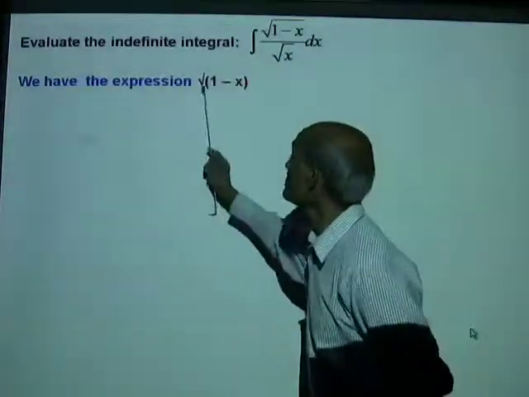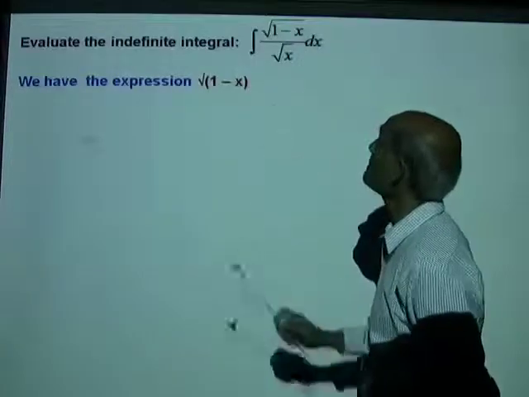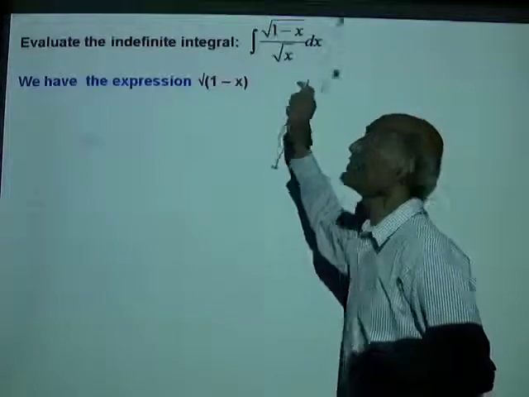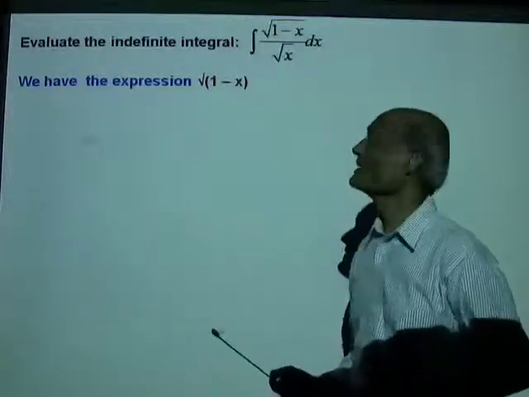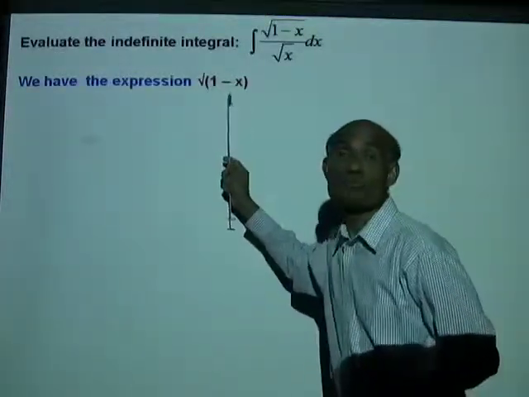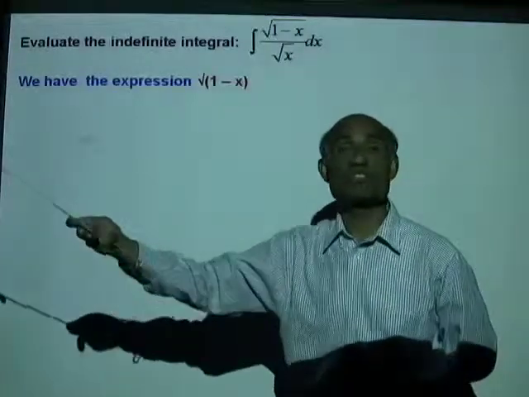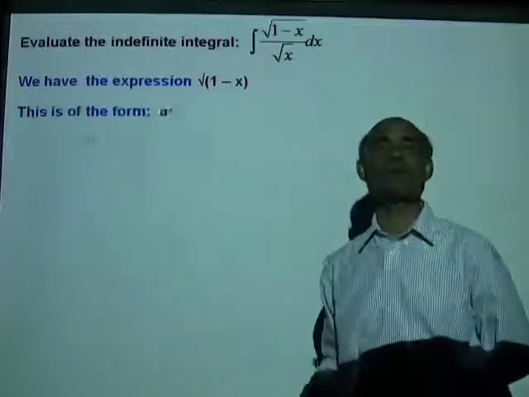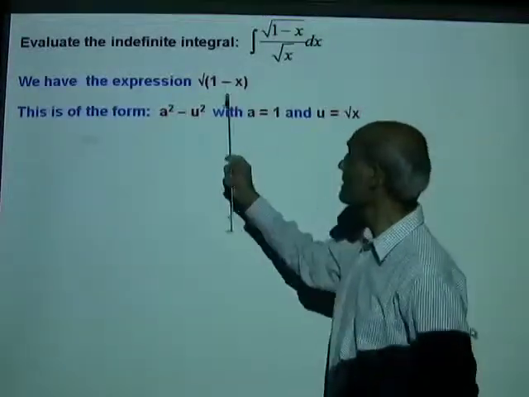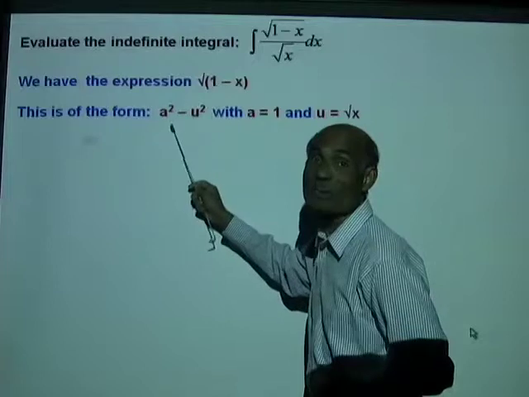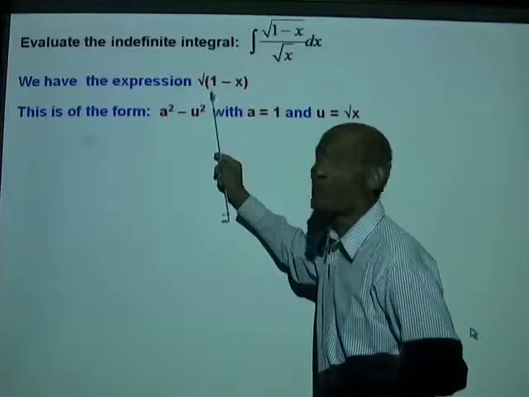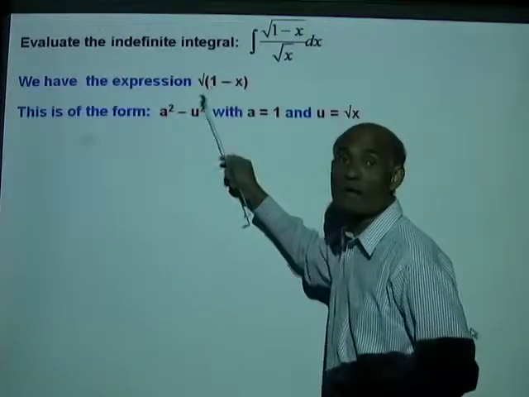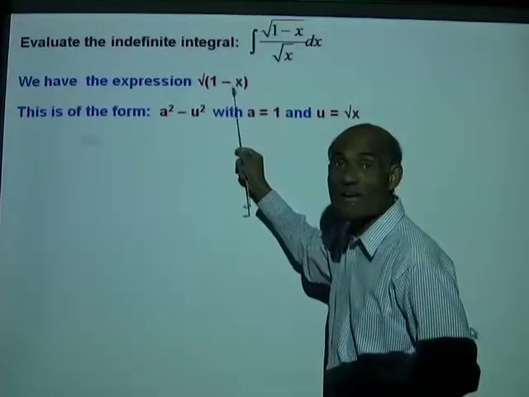Well, we have the expression square root 1 minus x inside the square root. Now, can this be used in such substitutions as a squared minus u squared form? Yes, we can. If you use a squared minus u squared form, a squared will be 1, which will give you a equal to 1, and u squared will be x.